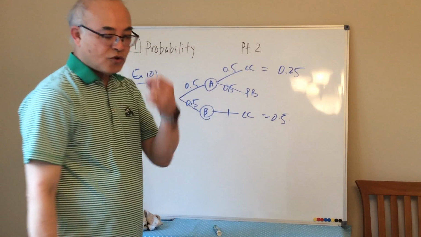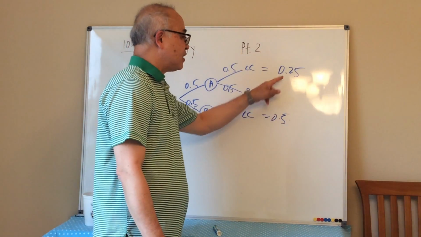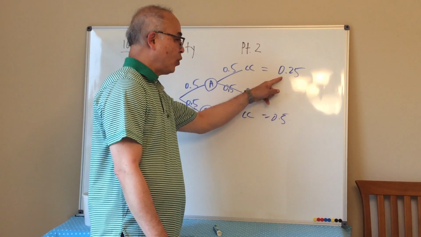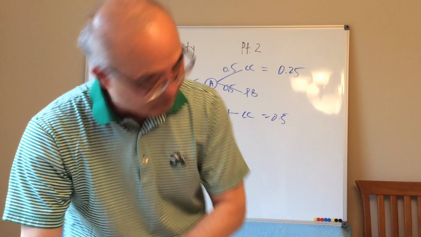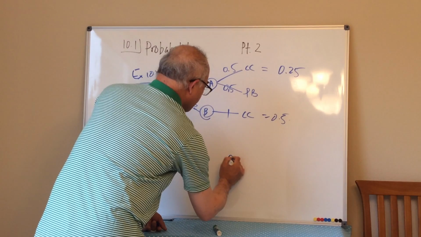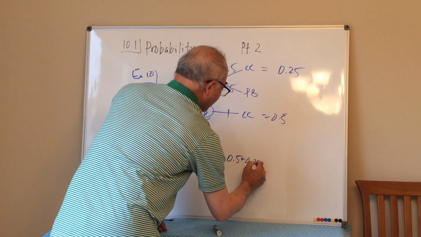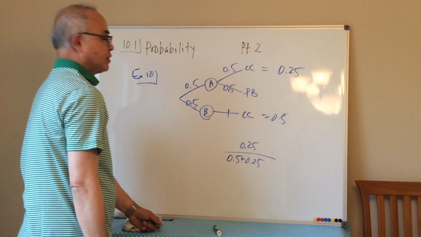So given you had a chocolate chip cookie, which means that out of the 75% total, okay, what is the probability that it came from jar A? To come from jar A was this, right? So in other words, it is 0.25 over the total of 0.5 plus 0.25.